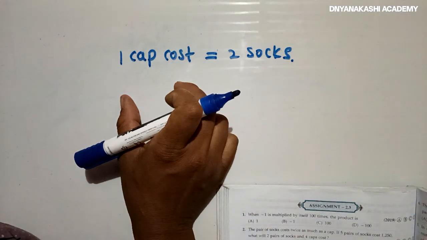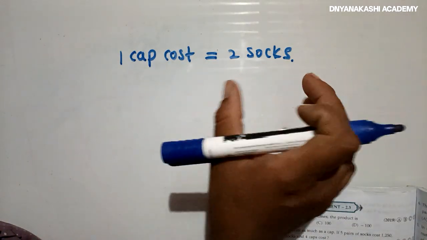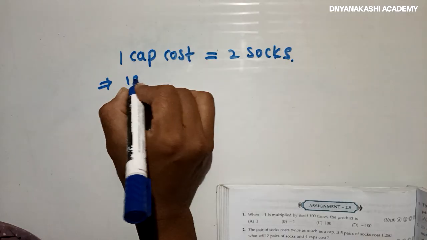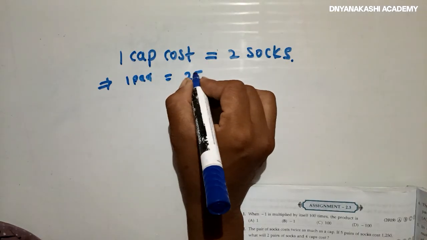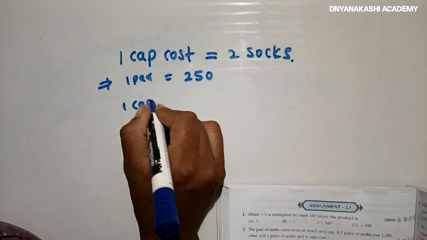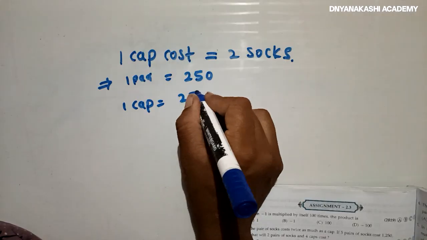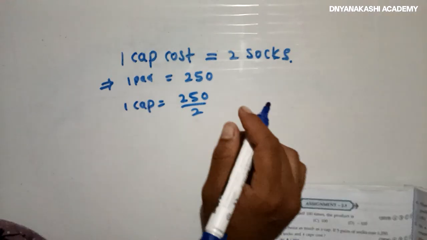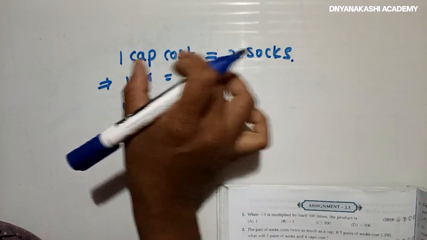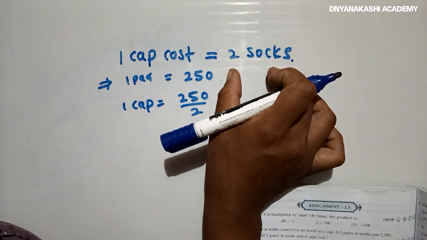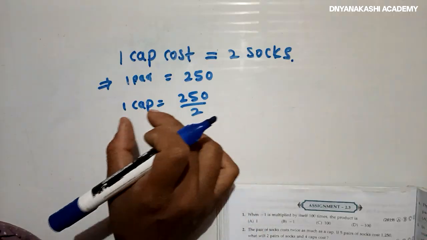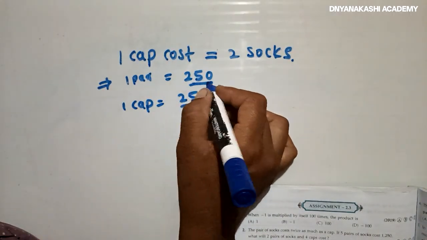One cap cost is equal to two socks, given here. Suppose one pair of socks value is 250. We have to find out the one cap cost. How much? 250 divided by 2, because the cap value is half of the socks value; the socks value is twice the cap.